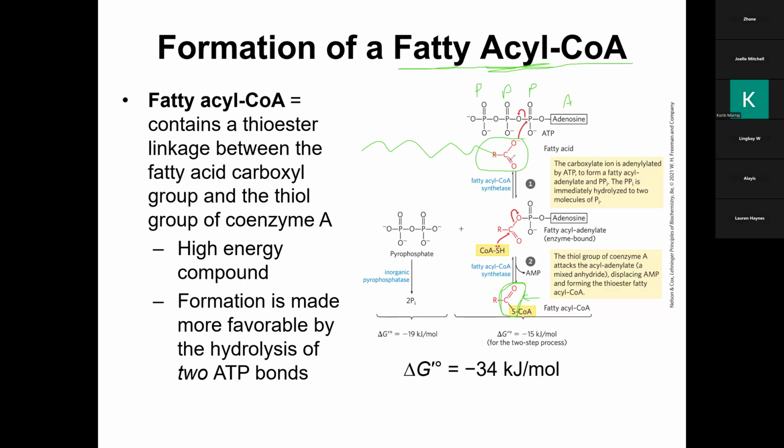and the first thing is that the alcohol of the carboxylic acid will attack this phosphate, the first phosphate. If we have 1, 2, 3, normally it attacks phosphate number 3 and becomes phosphorylated. This time it doesn't.